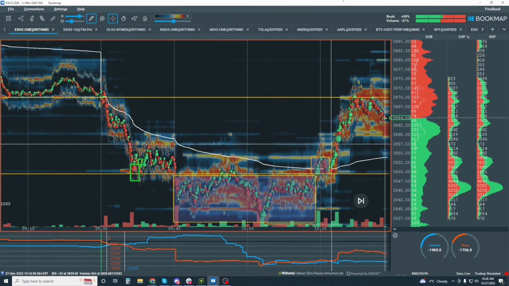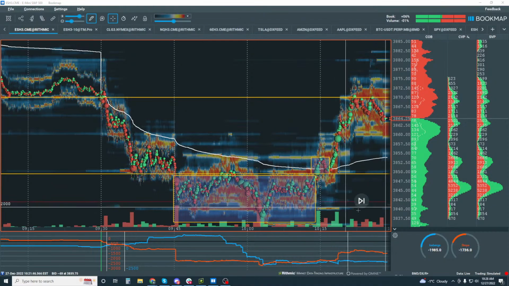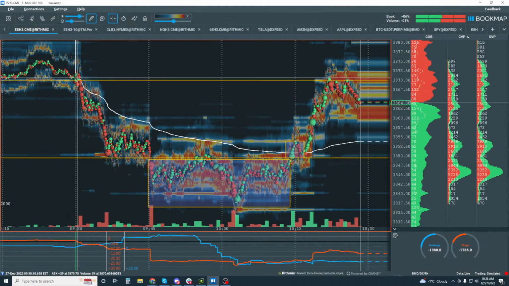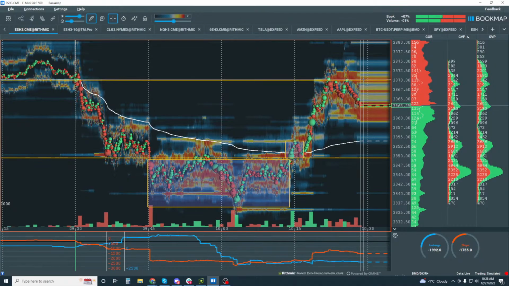Now this is a strong move up, so you can see the market's taking a bit of a pause right now, which is to be expected up at where the market opened here. So now we're going to look and see if we get buyers back up here at 70 to 73 ish.